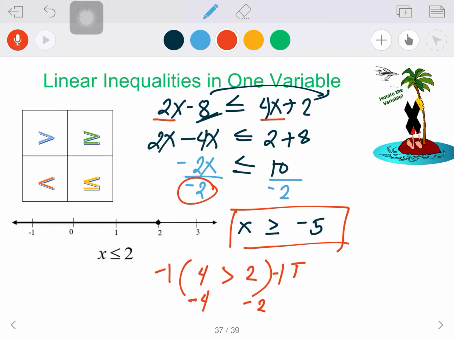Comparing them now, you can see that the right side is actually the bigger number compared to the left side. So this makes the statement true. That's the same principle that we follow in order for us to have an accurate answer when we deal with linear inequalities.